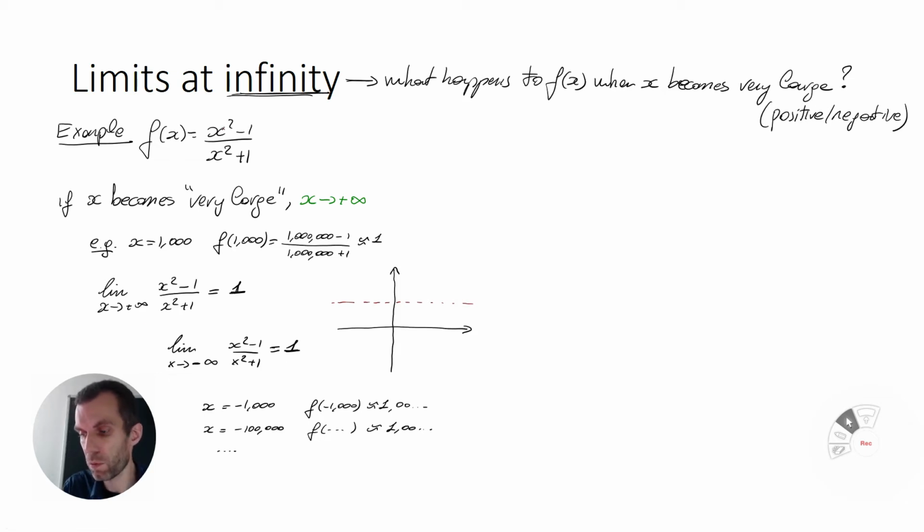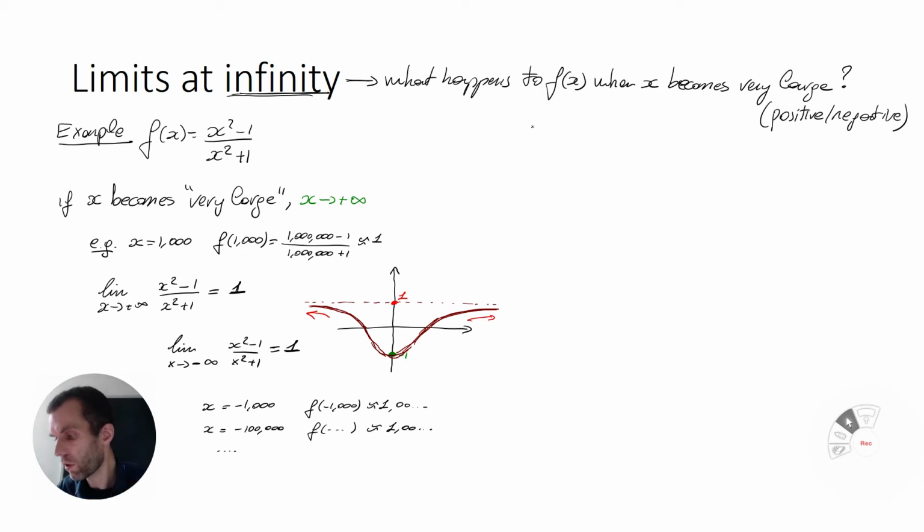You can also calculate that if you plug in 0 for x, the function value is negative 1, and the graph of the function is going to look like this. And in particular, what you see is that as x gets bigger and bigger, the function gets closer and closer to the line y is equal to 1, but it never reaches that. So this is going to be an example of a horizontal asymptote.